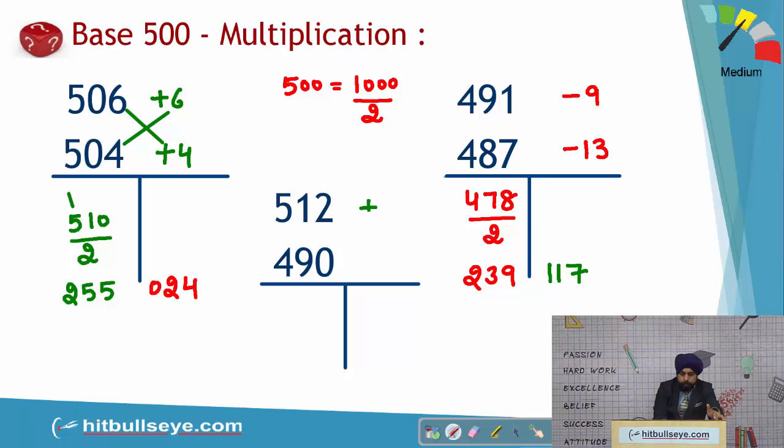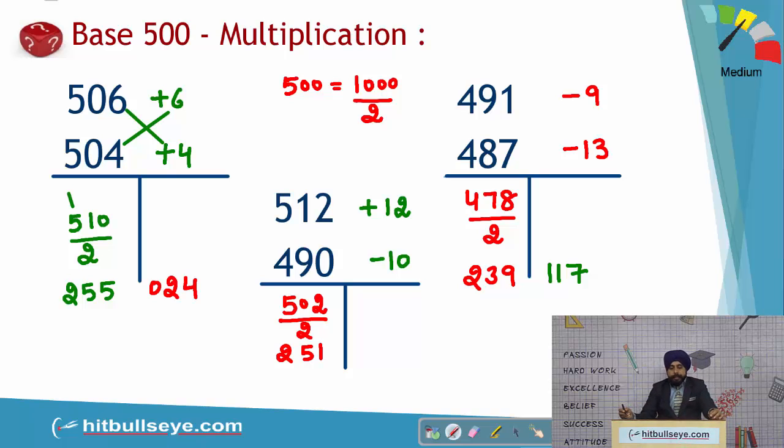Moving on, 512. So this is plus 12 and this is minus 10, students. Now 512 minus 10 or 490 plus 12 gives us 502. So students, you half it to get 251, but at the same time be careful, on the right hand side you have plus 12 and minus 10. That is, the product is minus 120.